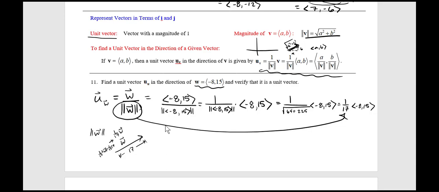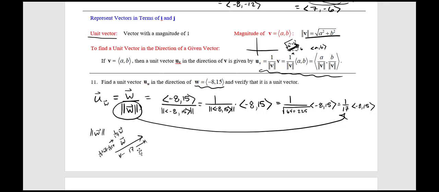Sorry, I'm writing tiny down there, I know. Not really important. But hopefully that makes sense. The thing was originally 17 units long. We didn't change its direction. We just scaled it by something such that when we reduce this original length by that factor, it comes out to 1. So it's the reciprocal factor you need.